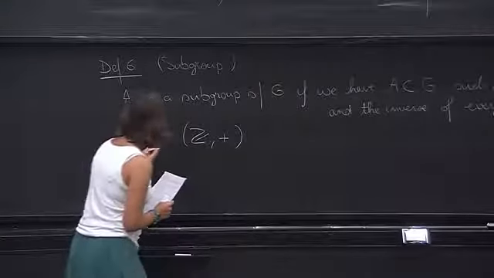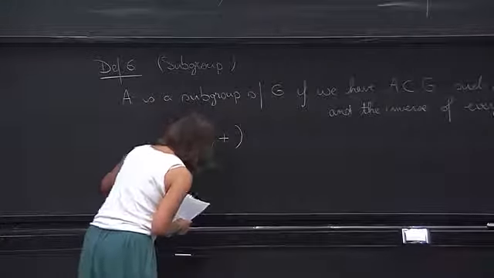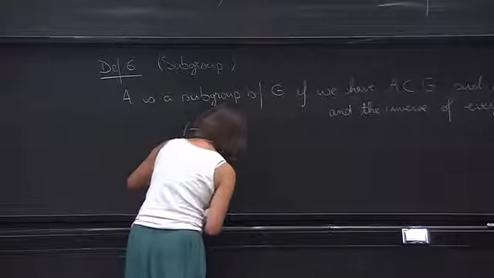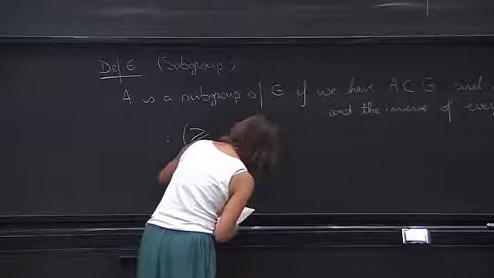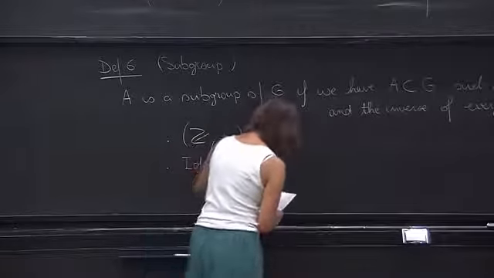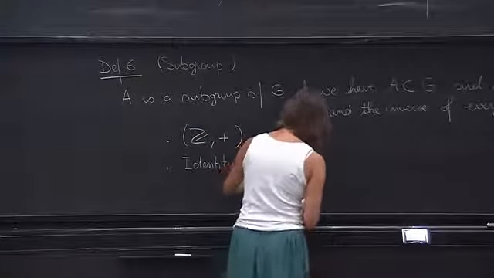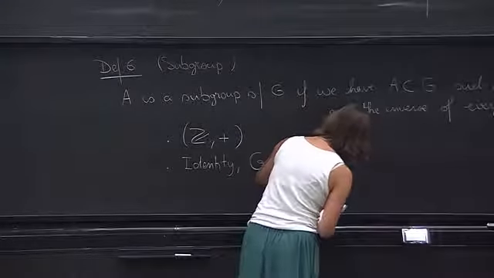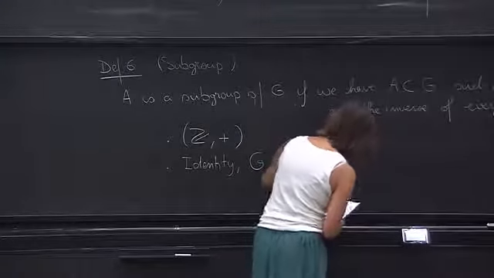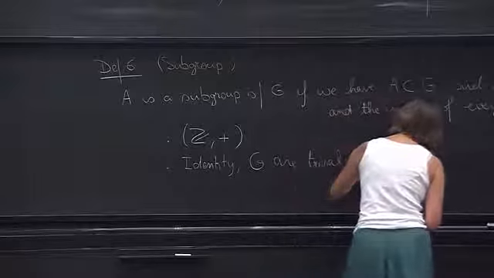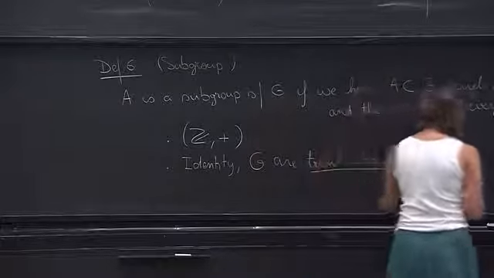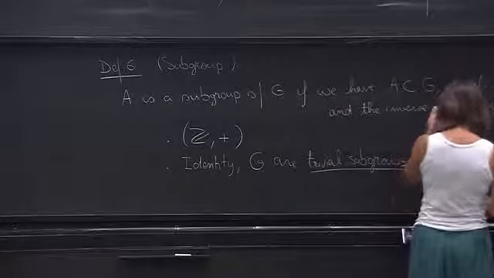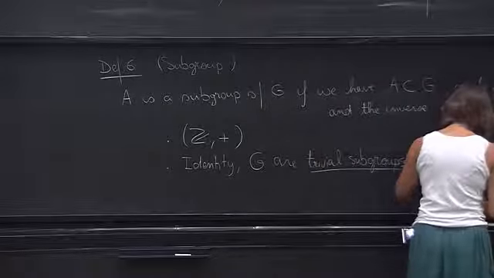In fact, we have two trivial subgroups: each group has the identity, and the group G itself, which are what we call the trivial subgroups. Okay, so this notion is going to be important when we introduce the notion of representation and irreducible representation.